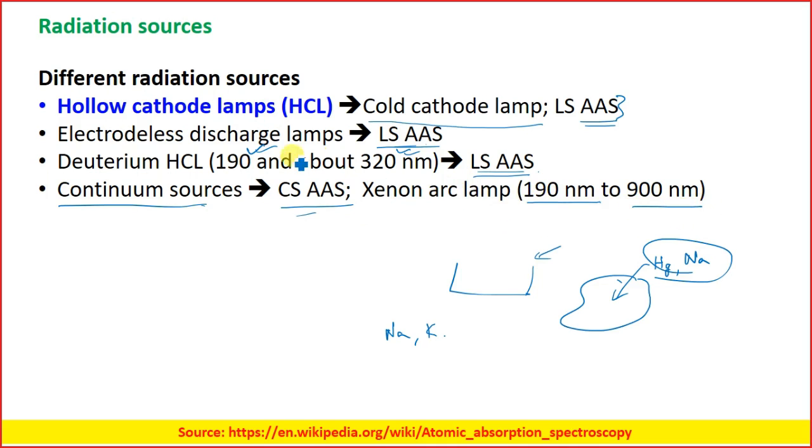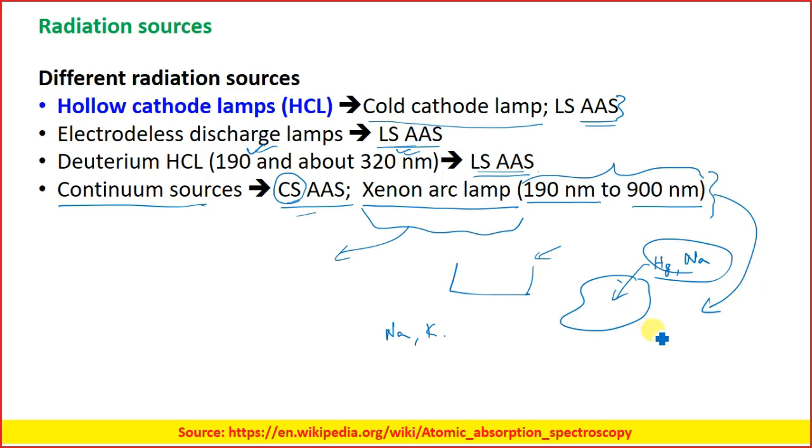This is a continuous spectrum. If you remember, we talked about the xenon arc lamp in one of the spectroscopic methods previously, and it covers the whole UV-visible region. When you go for the xenon arc lamp, you can measure the spectrum.